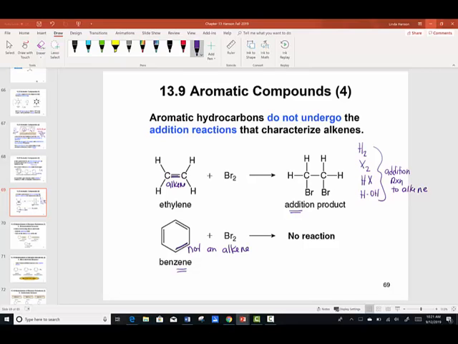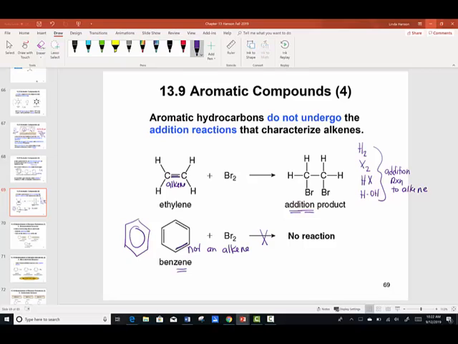It exhibits resonance. Because it's delocalized, these do not behave like double bonds, and you do not see any reaction with a benzene ring as we did with a true alkene for an addition reaction.